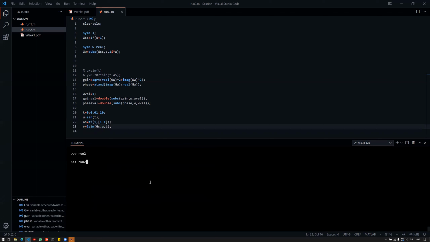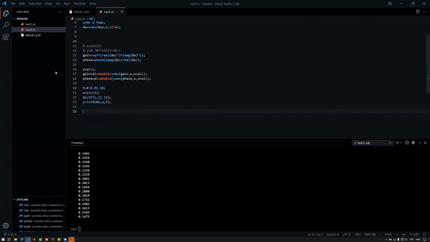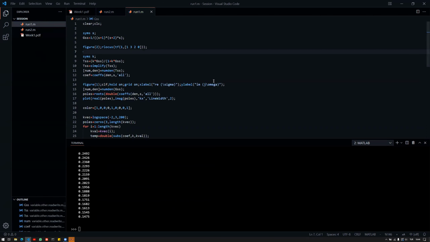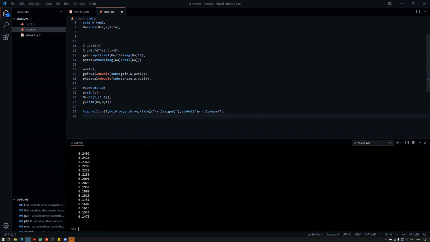So let's run this again. It seems like we have our output here. So let me just quickly copy this here. X label should be time, and this should be basically output. So let's plot this. Now t comma u, which is basically the input here. Let me also have line width 2.